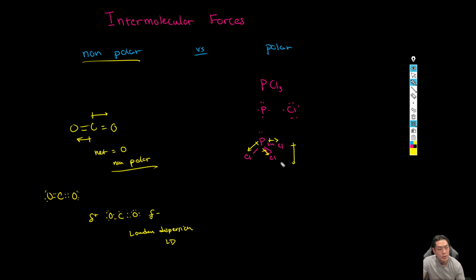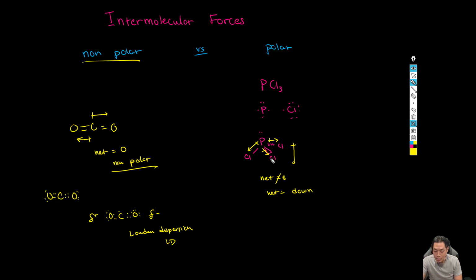So all the chlorines are going to be more electronegative than the phosphorus. So it's going to pull, and even though they're pulling away, those cancel each other out, but the one that's pulling down is going to be the one that's going to give your net dipole. So here we don't have a net equal to 0. It's actually a net that's equal to down, or at least in the way I drew it, down.